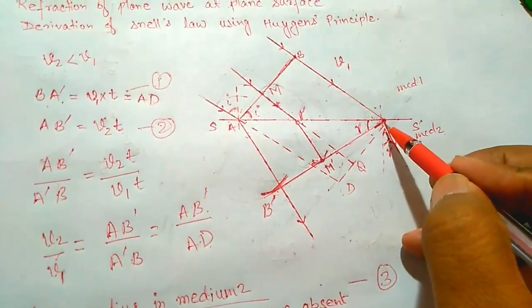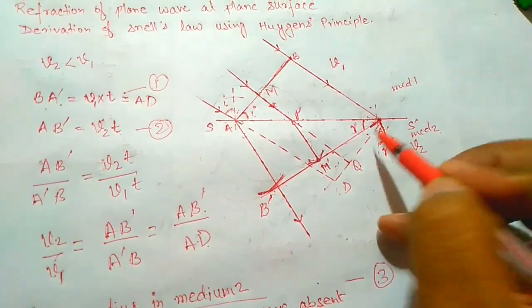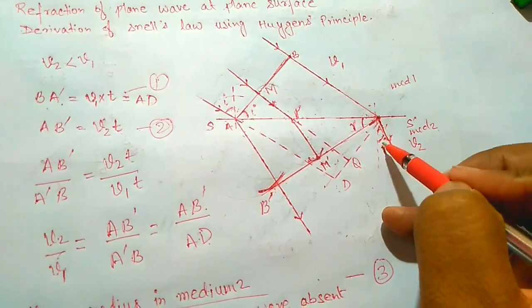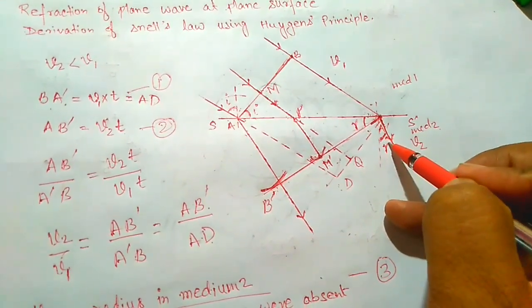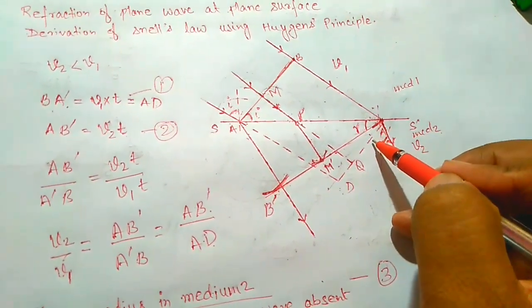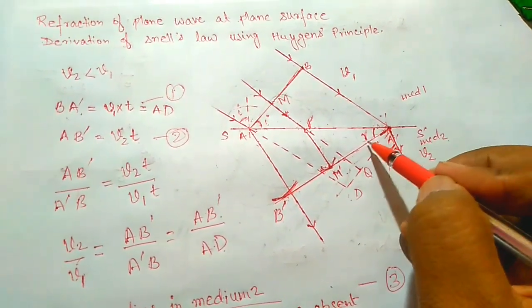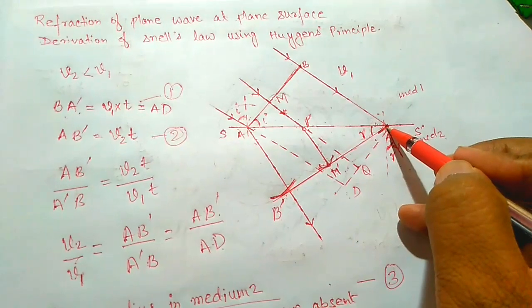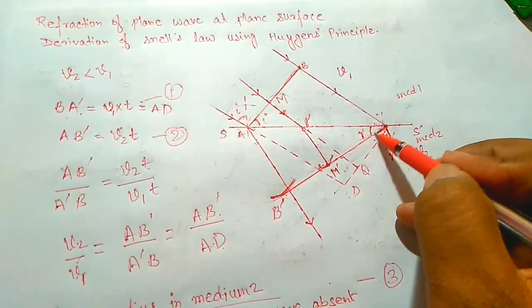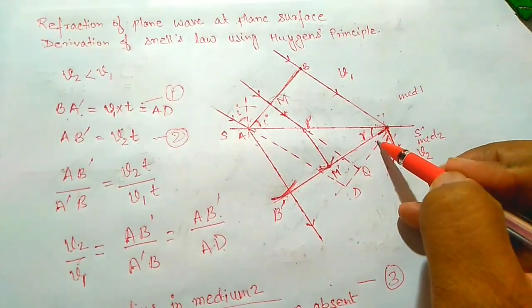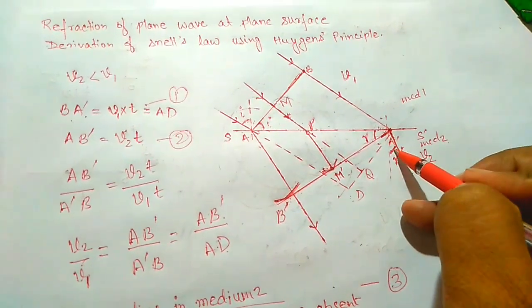See here, this is the refracted ray, this is the normal. So I'm saying that this is the angle of refraction, and this plus this, only this one. So this is the refracted wavefront. This plus this will be 90.